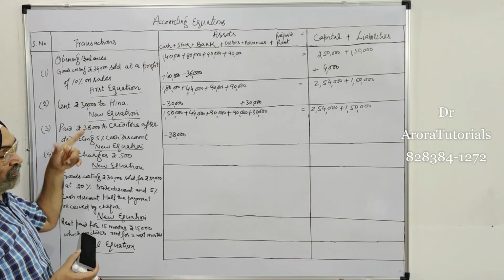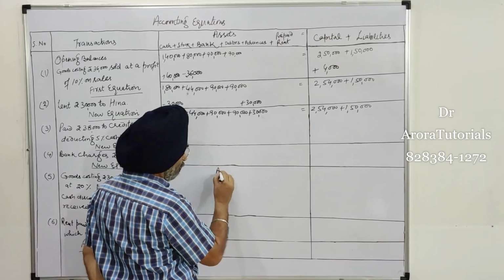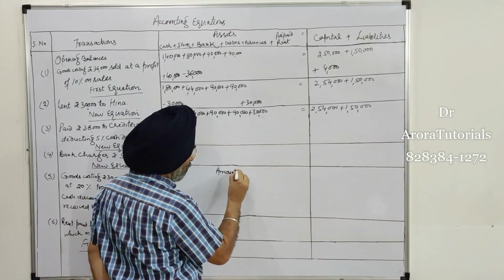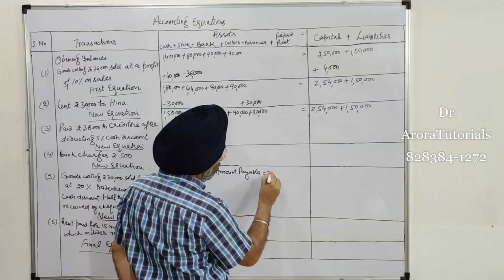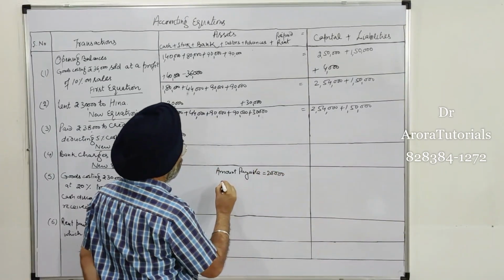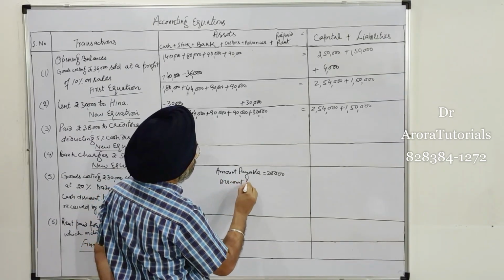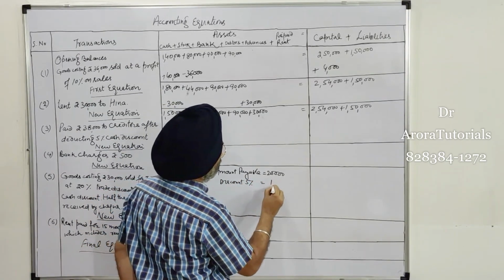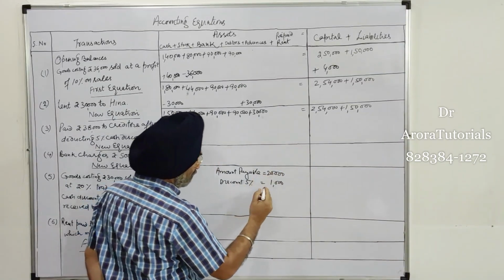Let us suppose the amount payable to somebody is 20,000. Discount 5%. 5% discount means 1,000, 5% of 20,000.